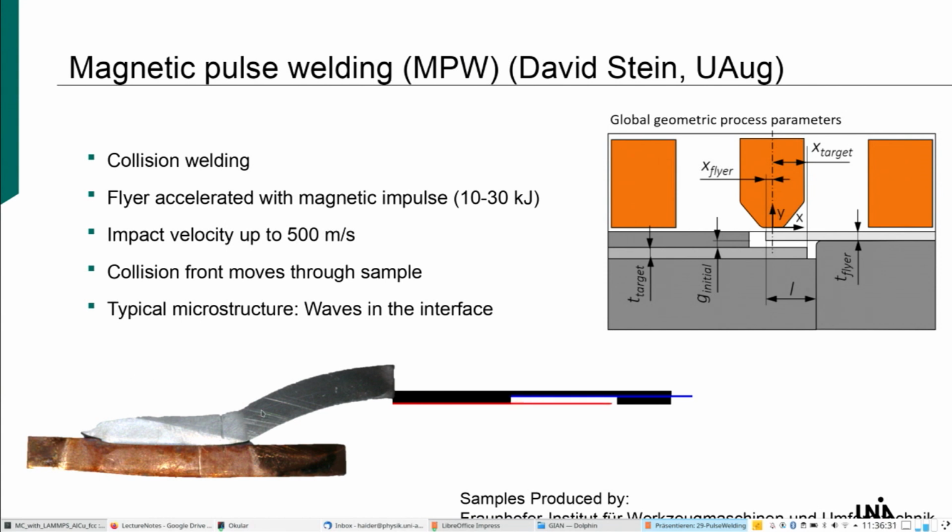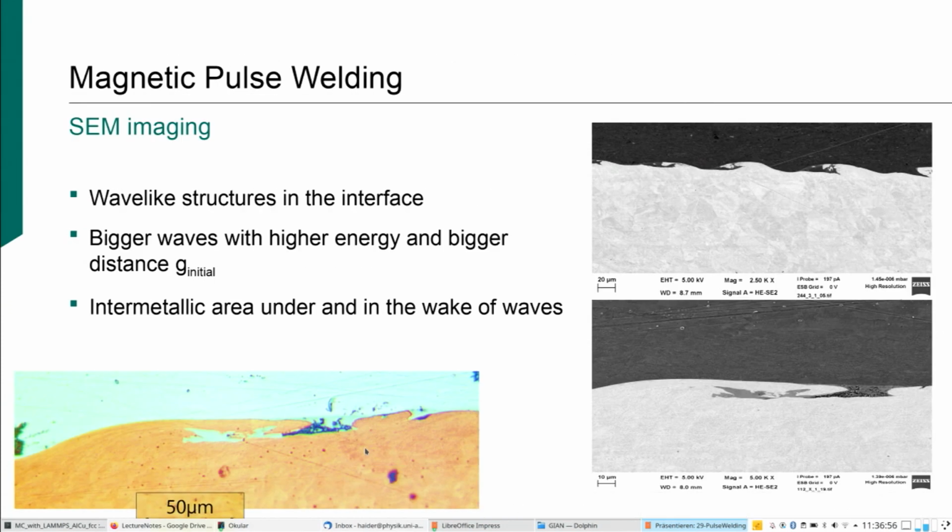Here you see a real example, a cross-section. This is aluminum and copper. So the upper part is aluminum. It's well suited for aluminum because of the high conductivity of aluminum. I think it's not that well suited for steel, but I'm not 100% sure. And there are many details about the microstructure of this interface, which I will show here.